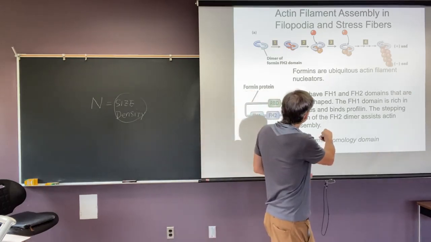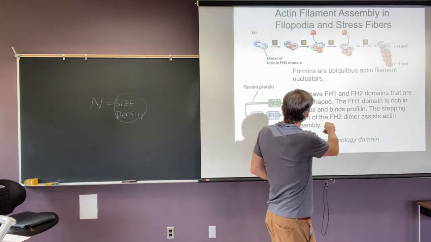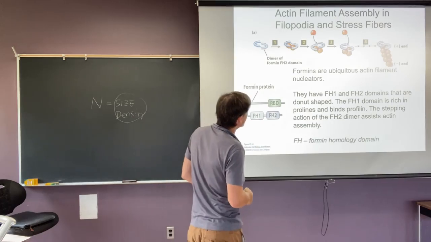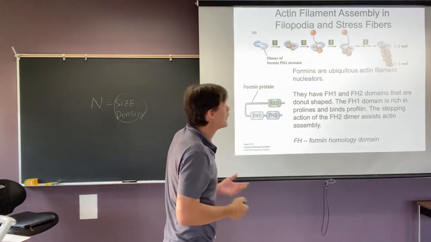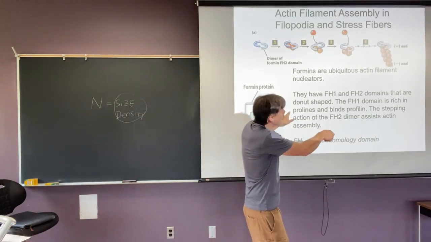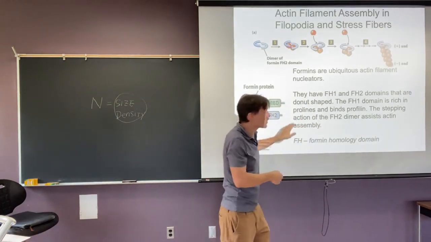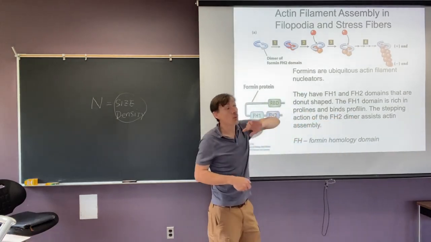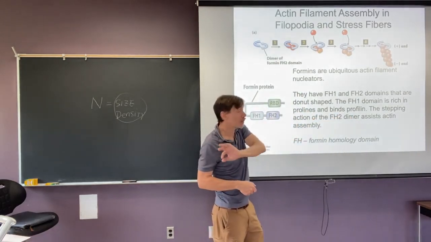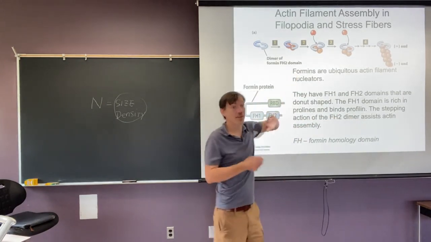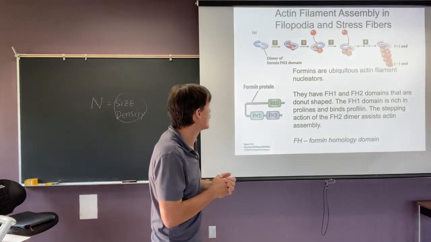They have an FH1 and FH2 domain that are donut shaped. In this case, the FH1 domain is rich in prolines, and as I mentioned, profilin binds prolines. So one of the keys to localizing profilin at the membrane is through formins. That's the link between these two things.